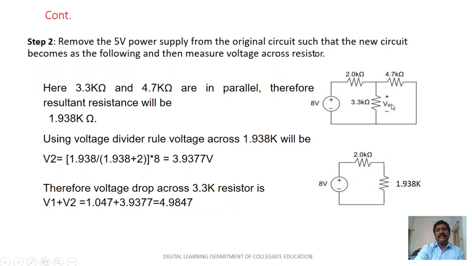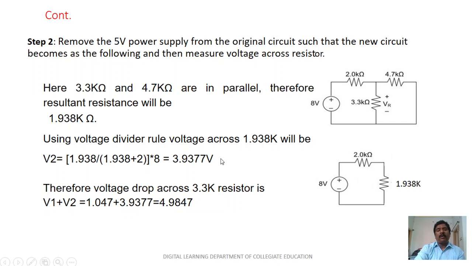The parallel combination gives the effective value 1.938. Again I can apply the voltage divider rule: the total voltage is 8 into 1.938 divided by the sum of the resistances, 1.938 plus 2 kilo, which gives the value 3.9337 volts.